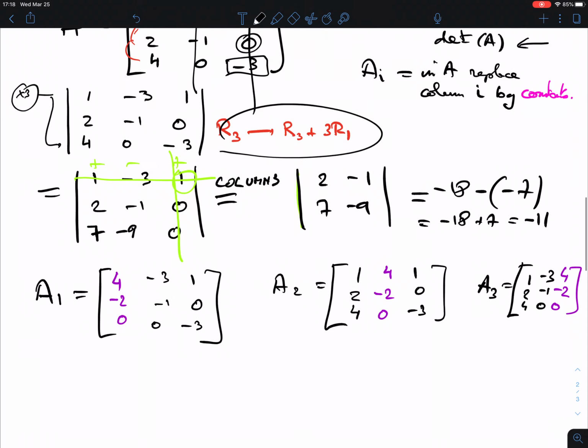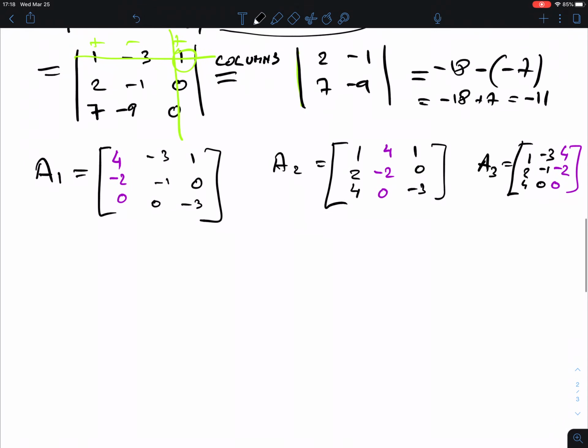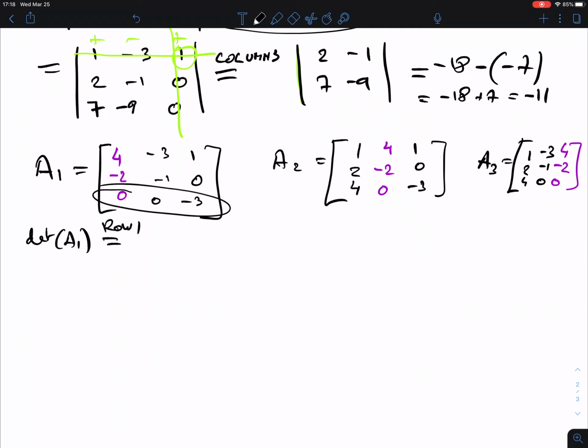It's a bit annoying. Well, the first one is actually not so bad, right? The determinant of A1, do you see how to do it? Think about it. I'm going to use row 1, because I have a lot of zeros. I have to think about the signs: plus, minus, plus, so we have a plus sign.